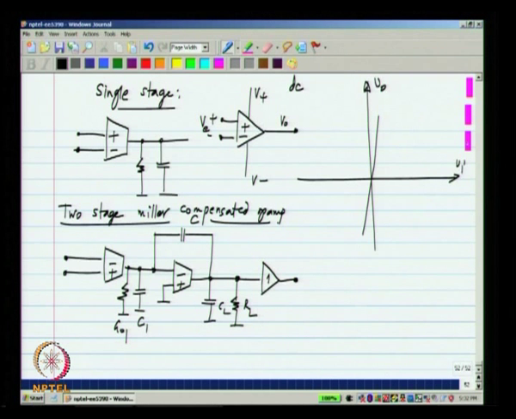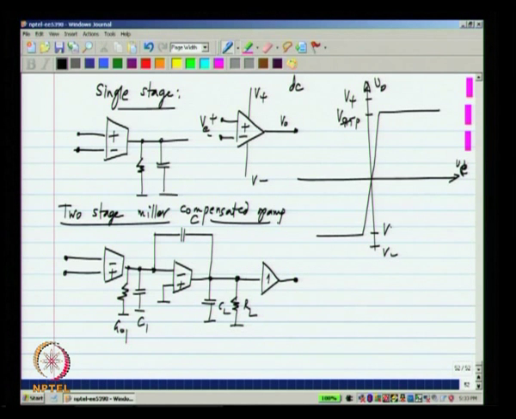And this is a plot of V naught versus VE. Now, if you operate from some supply rails, it turns out that the op amp's output voltage cannot go beyond the supply rails. So, let us say the V plus is there and V minus is there. It cannot go above V plus or go below V minus. In fact, it cannot even reach V plus, usually it stops somewhere below V plus and somewhere above V minus.